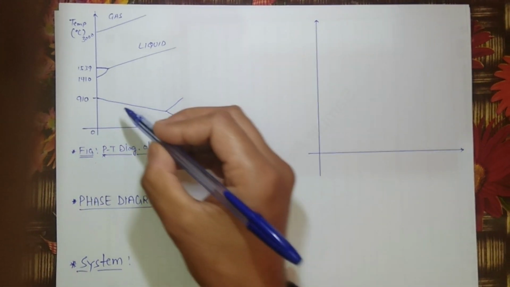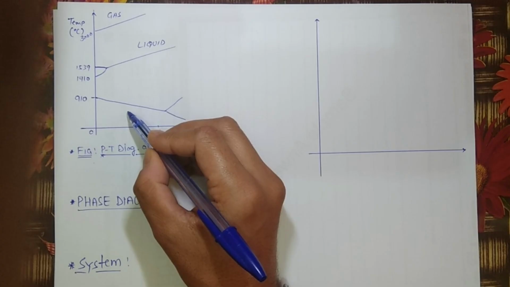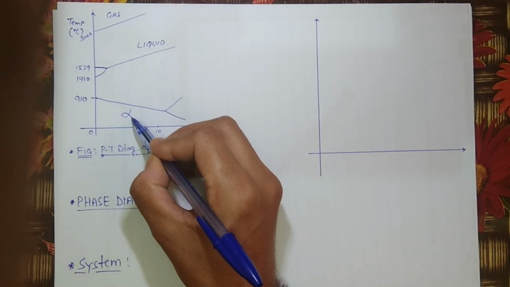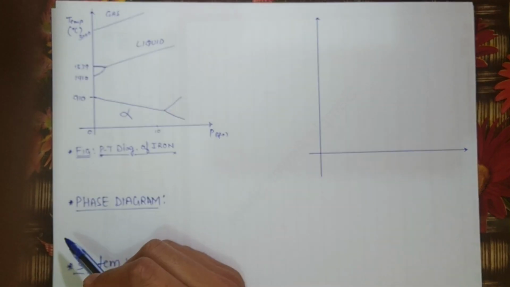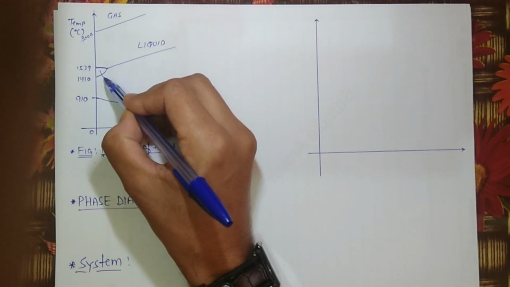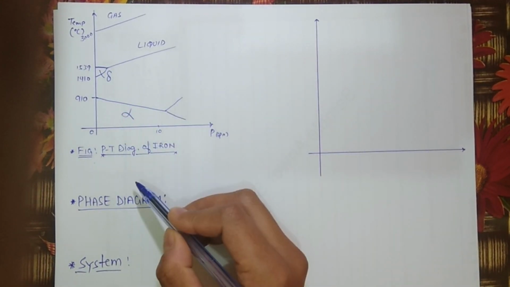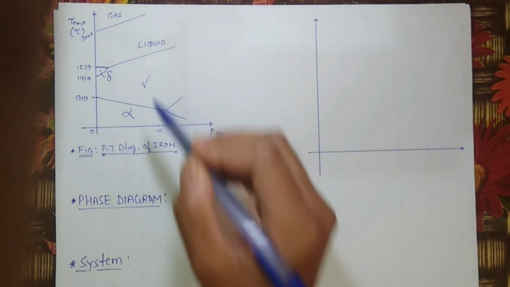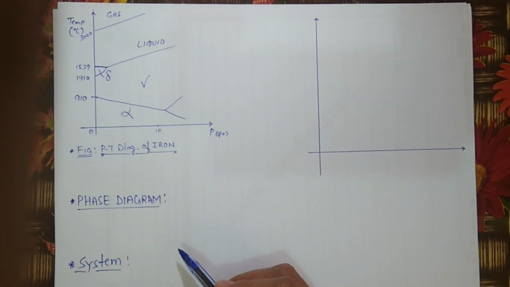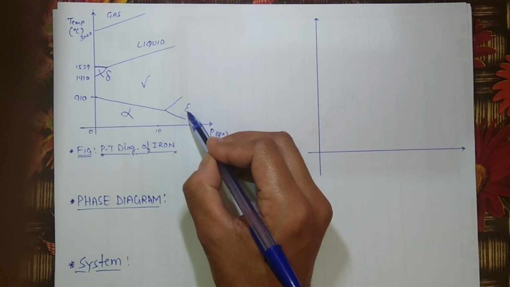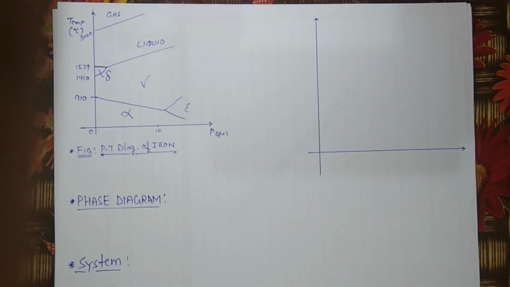So here we usually represent the solid phases of iron as alpha, which is lying here. Then we have delta represented over here and gamma, which is represented in this region between temperature ranges 910 to around 1400 degrees centigrade, and we have epsilon here. So this is how we represent solid phases inside these phase diagrams.